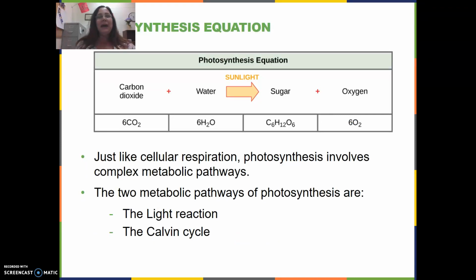Okay, so we had one overall equation for cellular respiration. So we have an overall equation for photosynthesis, and it's really easy because if you learn cellular respiration, which I hope you did, then photosynthesis is just the reverse. So we put the products from cellular respiration as the reactants in photosynthesis.